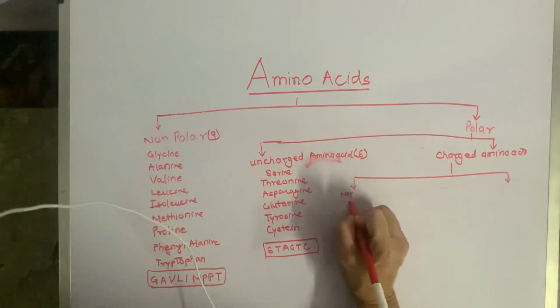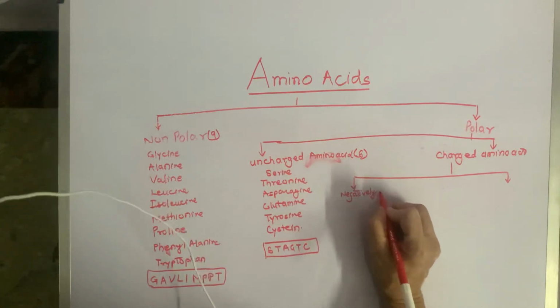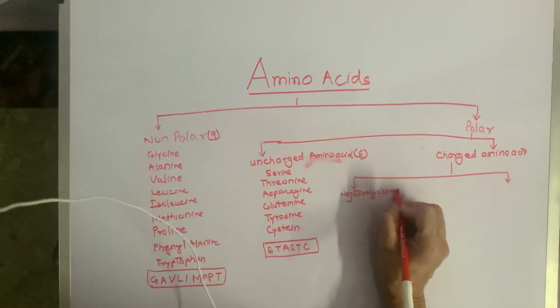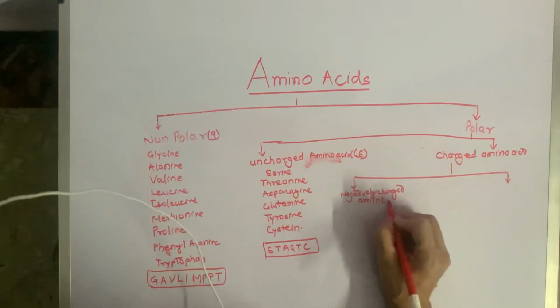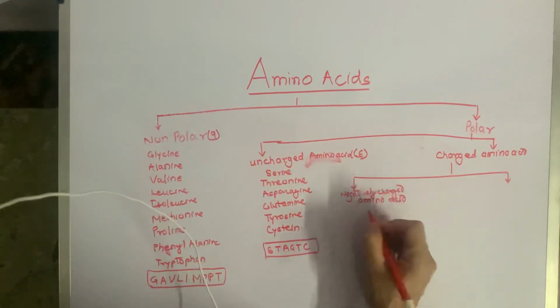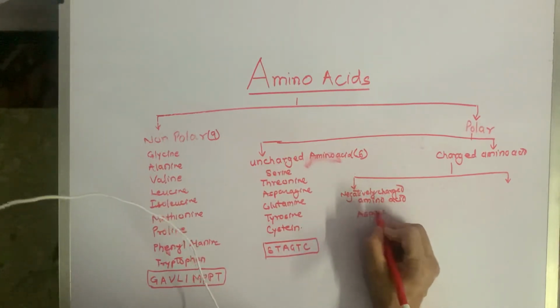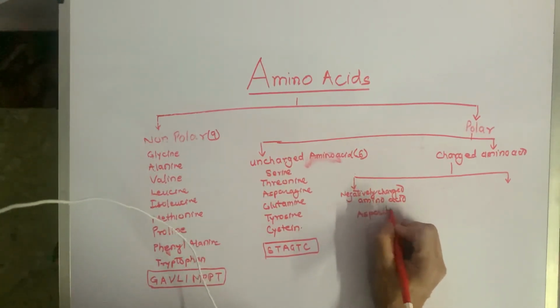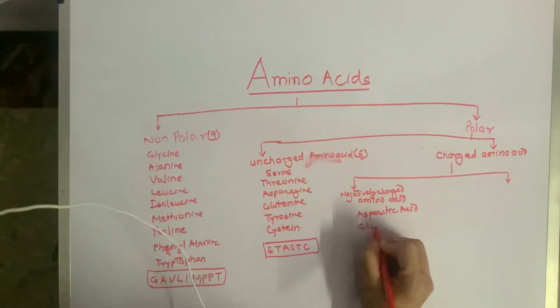Now coming to charged amino acids, they can further be classified into negatively charged amino acids or positively charged amino acids. Negatively charged amino acids, there are only 2. These are aspartic acid and glutamic acid.